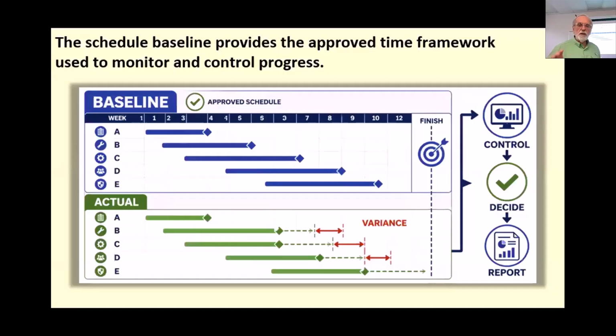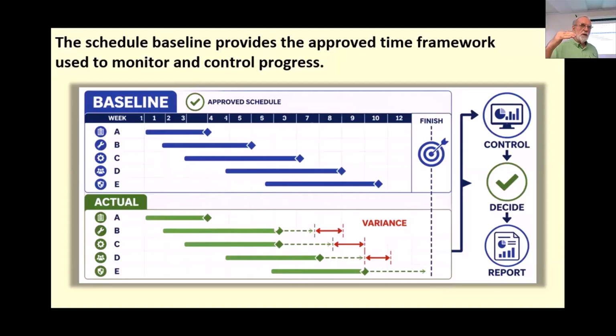All this matters because monitoring and control depend on comparison. The project manager needs a stable framework that supports tracking, reporting, and decision-making. If the schedule keeps shifting informally, then variance becomes harder to interpret and control becomes less reliable. That's why we want to step through.